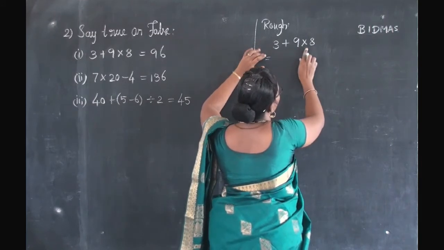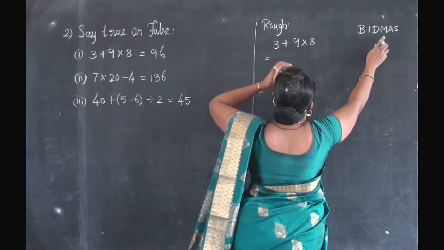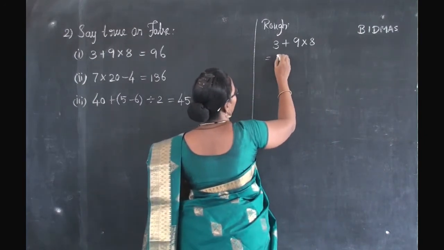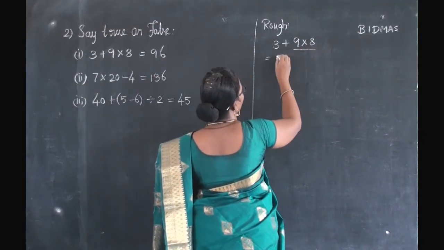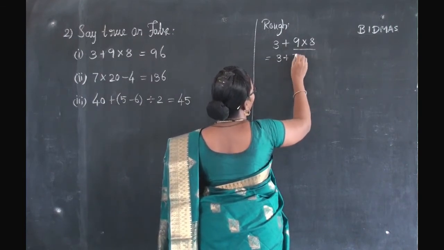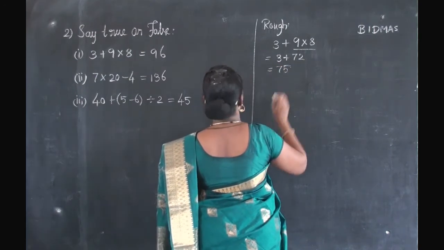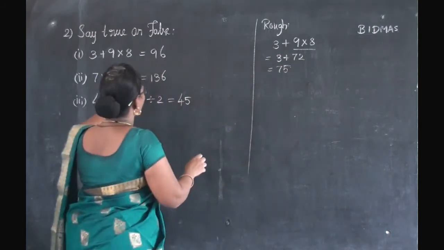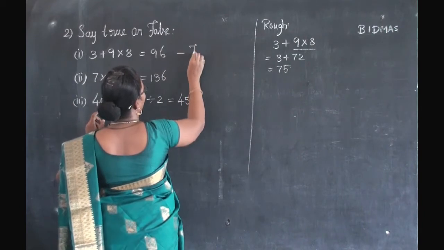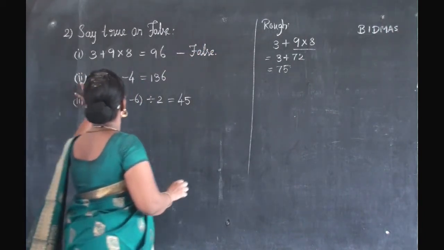Here two operations, addition and multiplication. So multiplication is the first one. So multiply the numbers first and then add the 3. 9 8s are 72, plus 3 means 75. But they given 96. So that is wrong. So false.